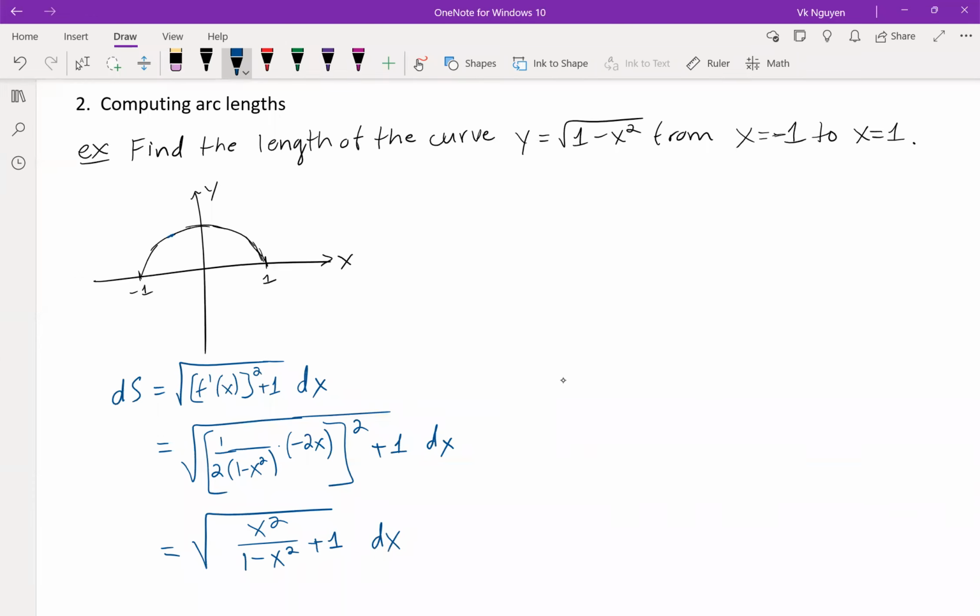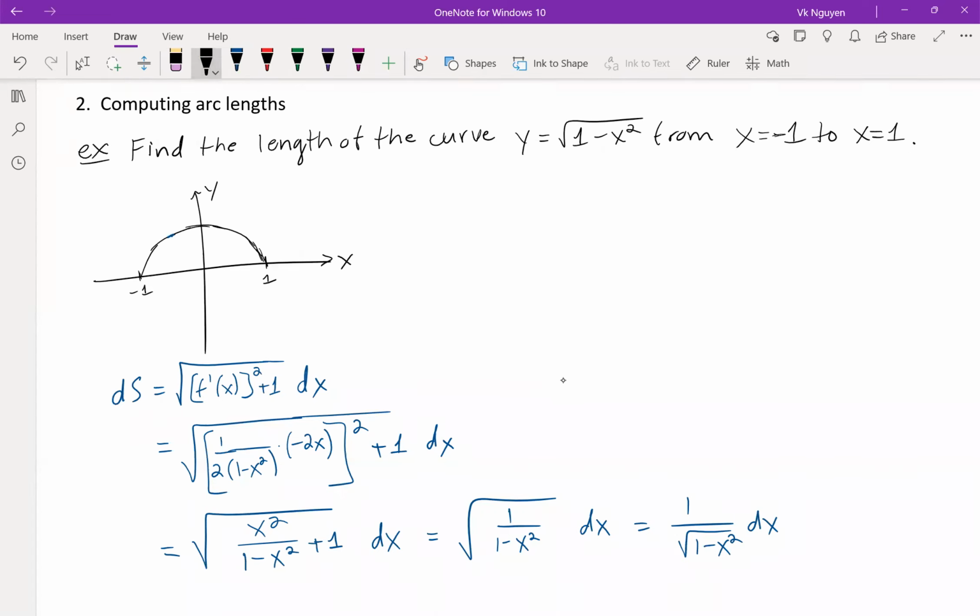Well, do a common denominator. Then it's going to be 1 over 1 minus x squared dx. And this would be the root, 1 over the root of 1 minus x squared. So it's 1 over the root of 1 minus x squared dx. Wow.